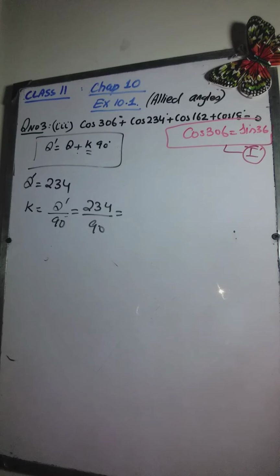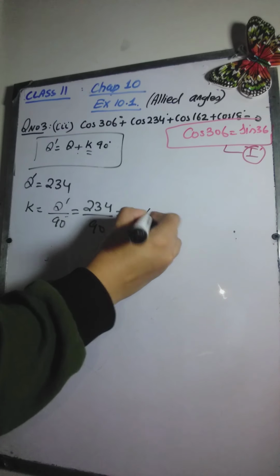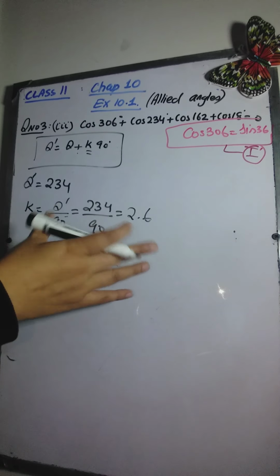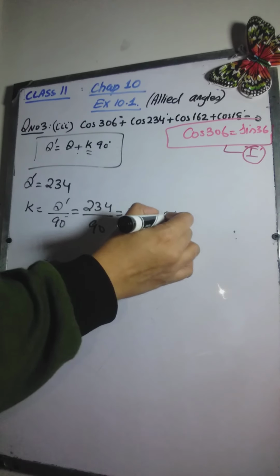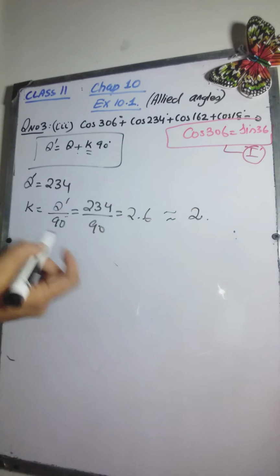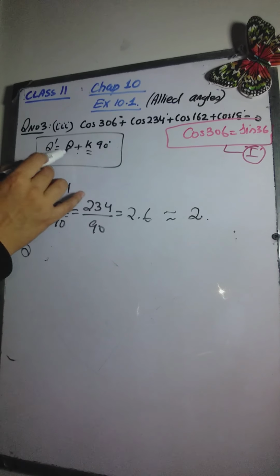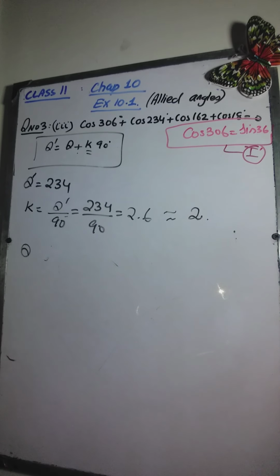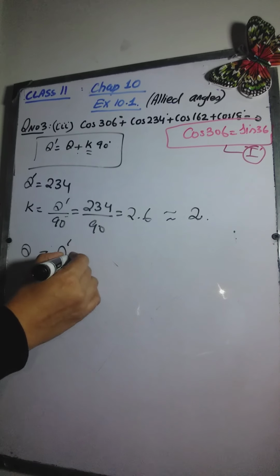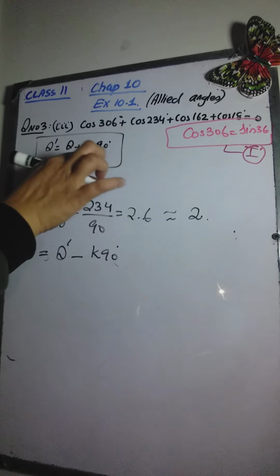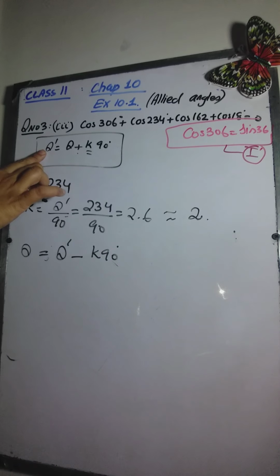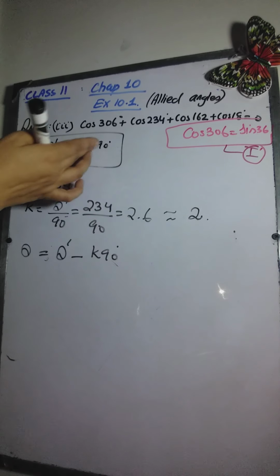234 divided by 90 gives us 2.6. So k will be either 2 or 3. This gives us the approximate value of k. Let us take 2. Now to find theta, we have to subtract k times 90 from theta dash.